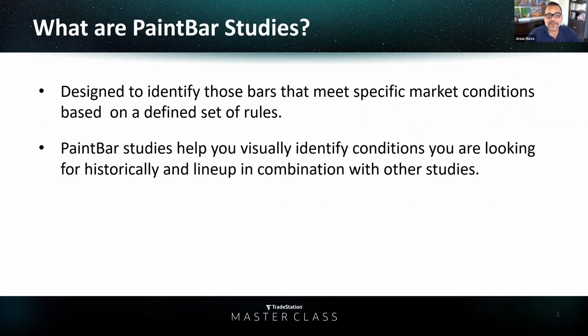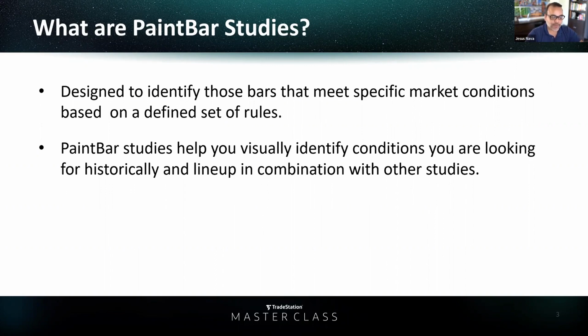They help you visually identify conditions you're looking for historically and line up in combination with other studies. A lot of times, we have studies that take up real estate in your charts. And sometimes, having a condition that colors specific candles is more than enough to know that a condition is met.